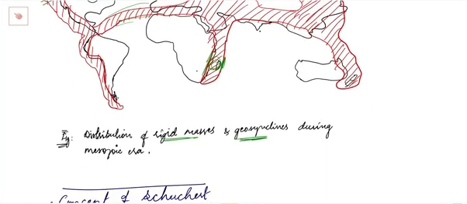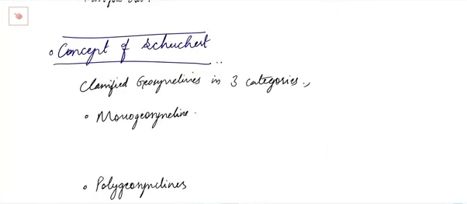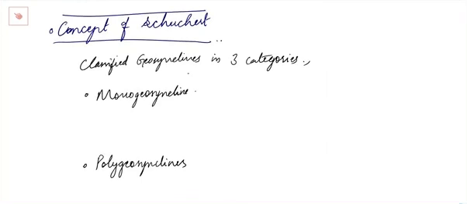And next we'll see the concept of Kober. Kober classified geosynclines into three categories. The first category is the monogeosyncline. Monogeosyncline is nothing but the formation of mountain through the geosyncline takes place in a single action.